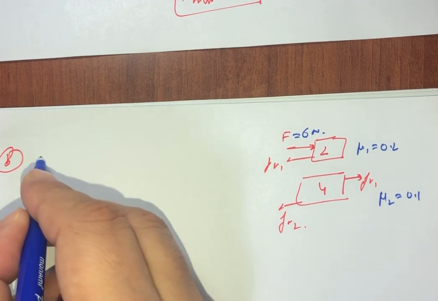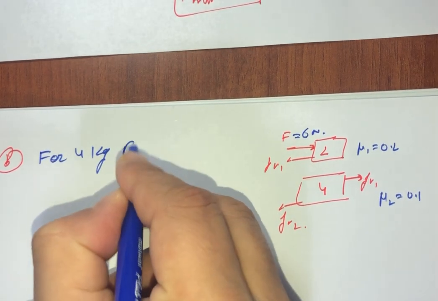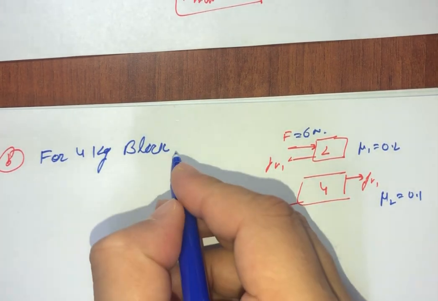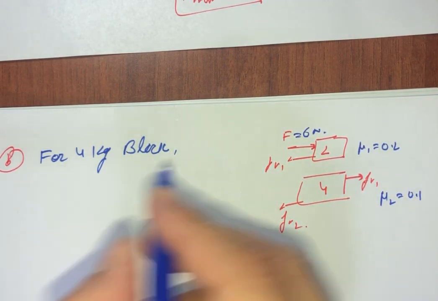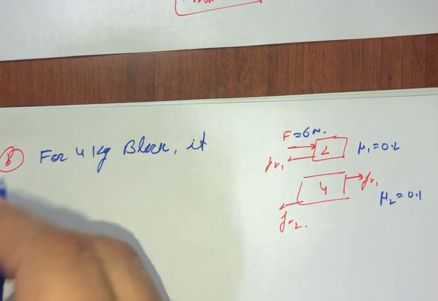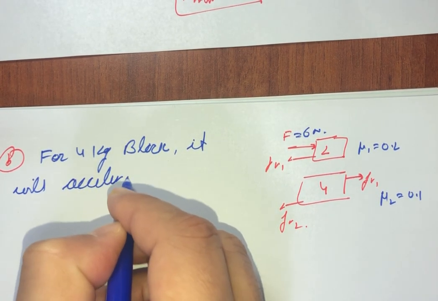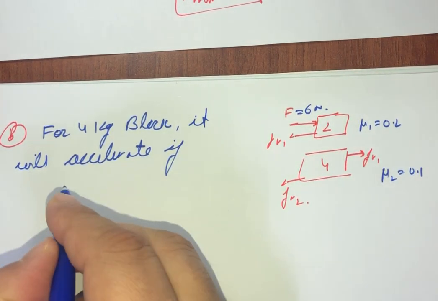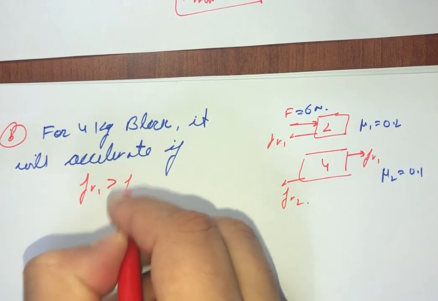So we can say for 4 kg block, it will accelerate if Fr1 is greater than Fr2.